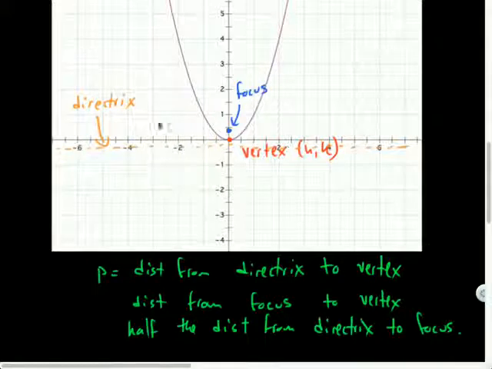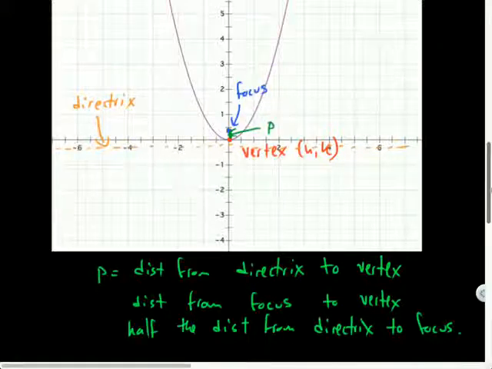All right, so the value p is actually just some tiny distance here. I suppose if I chose a wider parabola, I could have had a cooler looking sketch. But that's the idea, right?